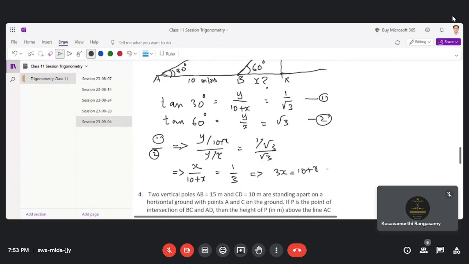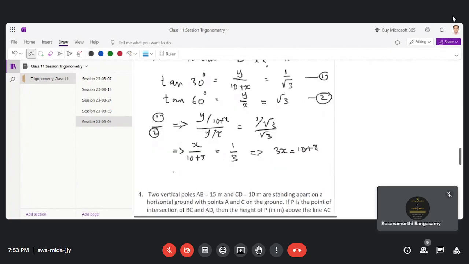Three x equal to 10 plus x. Very straightforward problem. X is 5 meters, which will be covered in 5 minutes.